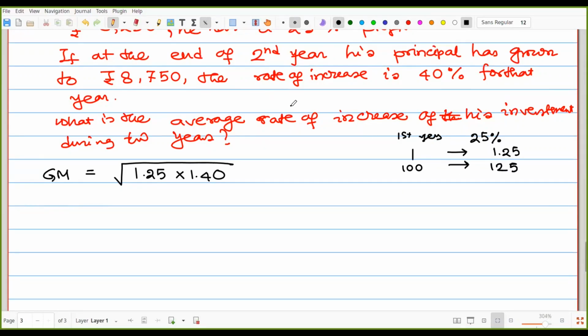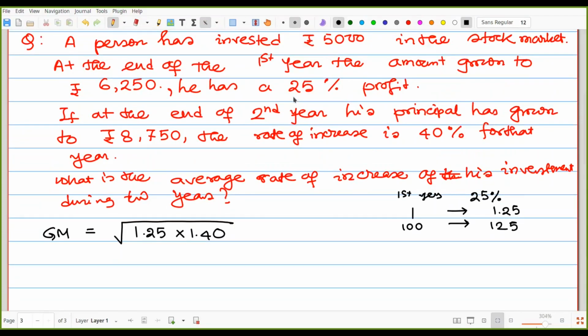In that way, the person has given 5,000 rupees, so he is gaining 6,250, or 1.25.